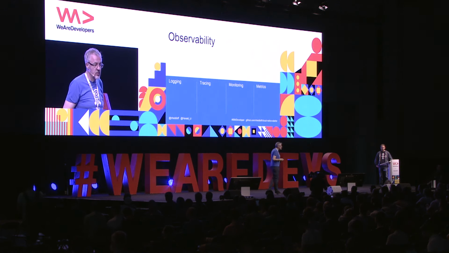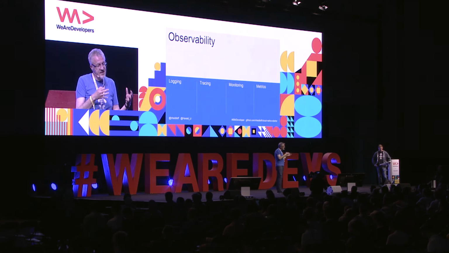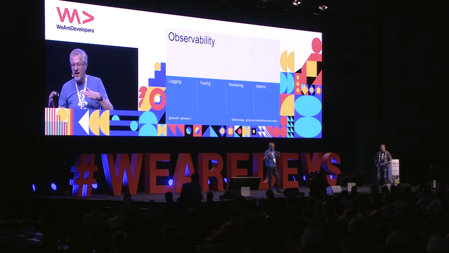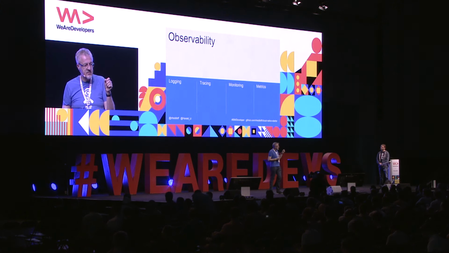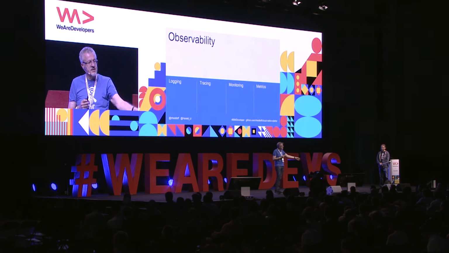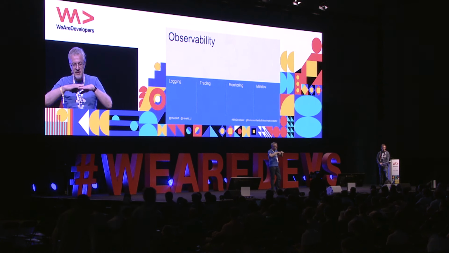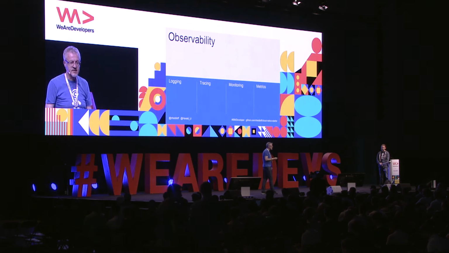This leads us to observability. We are in a dynamic environment where objects come and go. For example, if you have a very active Kubernetes cluster, Kubernetes may stop a pod on one worker node and restart it on another worker node just to spread the load over the cluster.